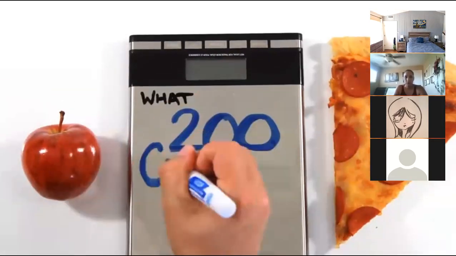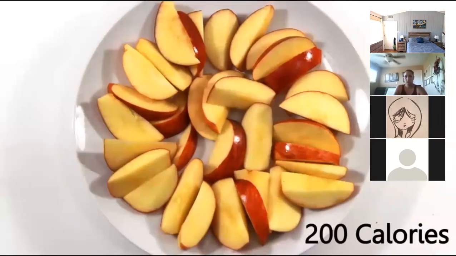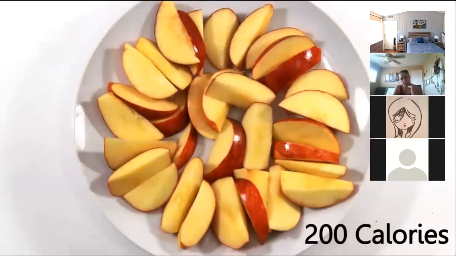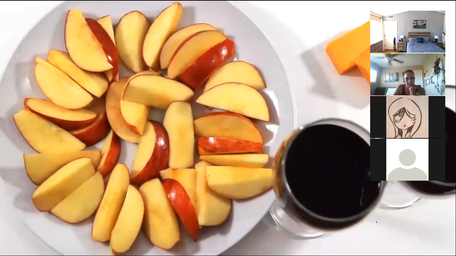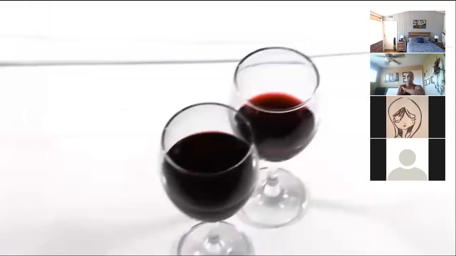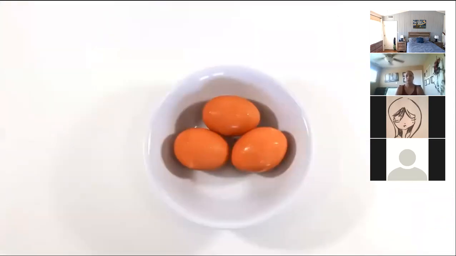Eat healthy and be aware of our calorie intake through the day. But have you ever stopped to think about what those calories look like? For example, this is 200 calories worth of apple. On the other hand, if we take 200 calories of cheese, it doesn't look quite the same in terms of volume. Throw 200 calories of wine into the mix for a nice wine and cheese, and you have 3 very different looking versions of 200 calories. Now compare that wine to beer or rum, and you have 3 very different party nights for your stomach. Or how about the eggs you had for breakfast?